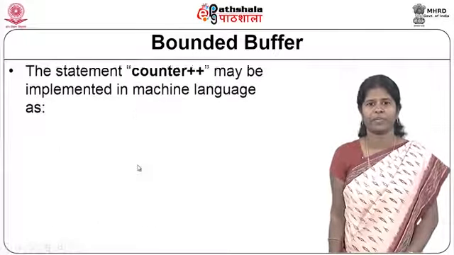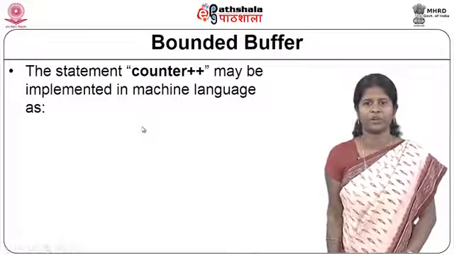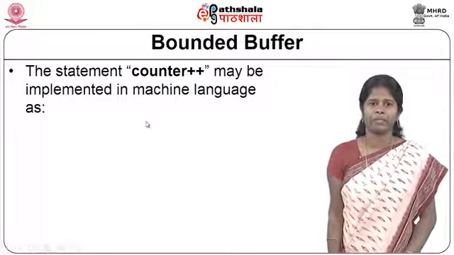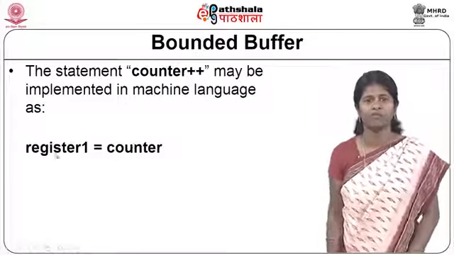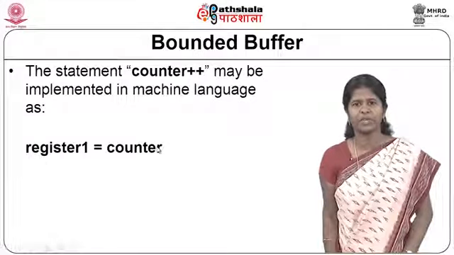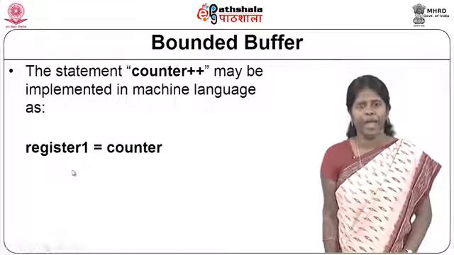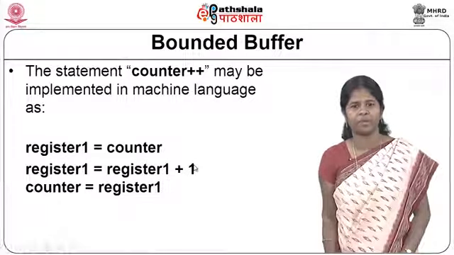Say, for example, you have this counter plus plus in the producer's code. And how this could be implemented in machine language is that you will have a register onto which the value of this counter is being copied, and then the contents of this register is incremented by 1.